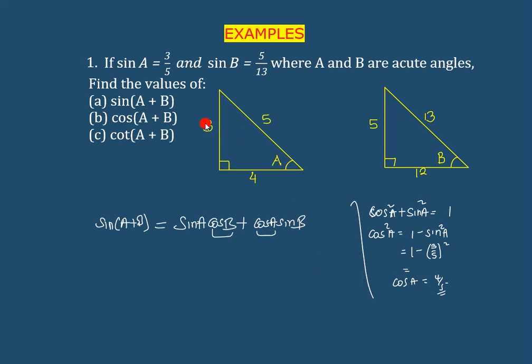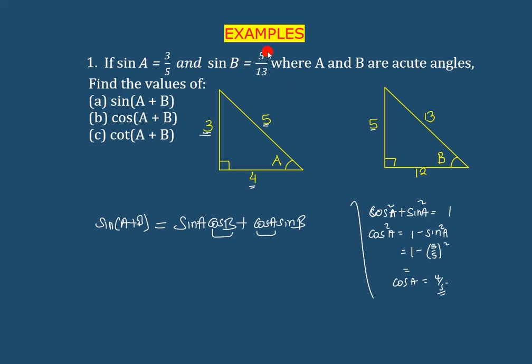Now we can also say that sine of A is opposite, which is 3, divided by hypotenuse for a right angle triangle. So if we have this right angle triangle, the adjacent is going to be 4 by Pythagoras theorem, 5 squared minus 3 squared under root. Then for sine of B, we have this angle as B, and we now have the opposite as 5.